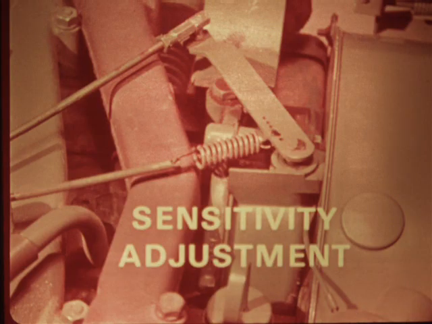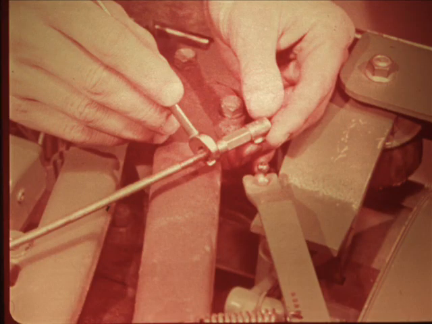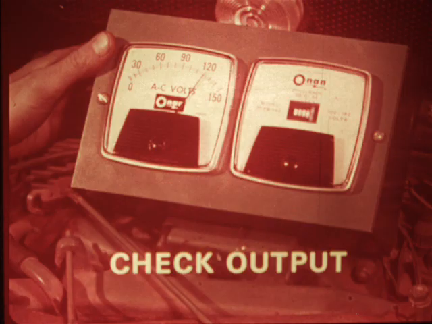If it's necessary to make a sensitivity adjustment to narrow the no-load to full-load spread or to take out roll, move the spring at the governor arm. Then check the linkage rod adjustment and, if necessary, correct it by lengthening or shortening the ball joint. Finally, recheck the governed no-load and full-load speeds. That's what to do to correct a low output problem.